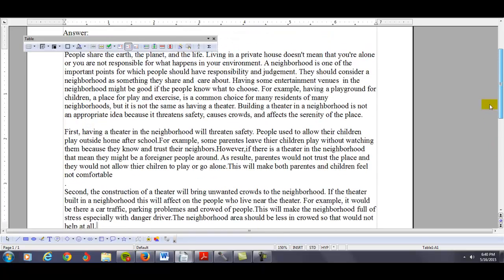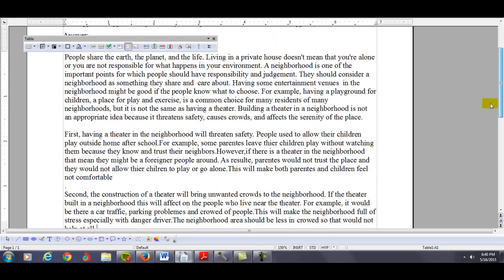Okay, so overall, the good news is the first paragraph did not tie in together very well from sentence to sentence, and you saw what I had to do. I had to take a word here, and then I would use it. I use the word environment because it refers back to the earth, planet, and life, right? Now in this case, I use the word responsibility and judgment because that ties back to responsible of what was mentioned in the previous paragraph.